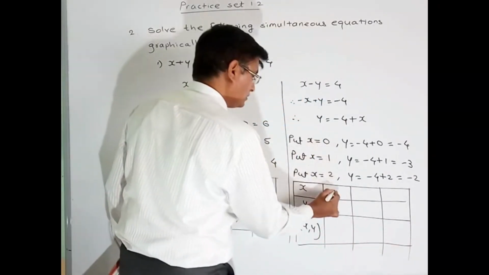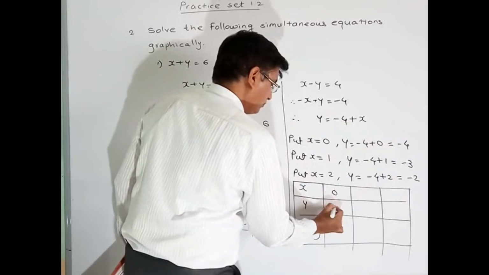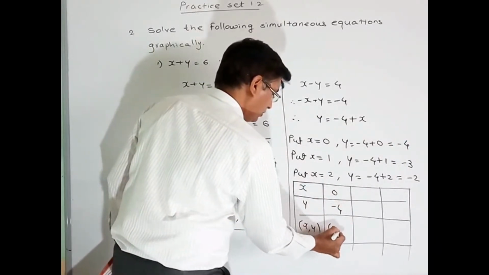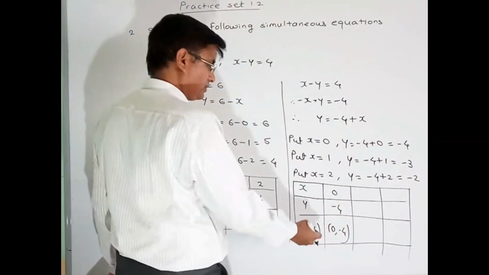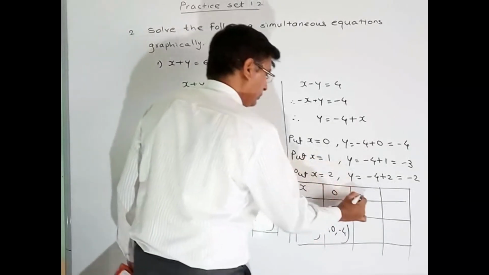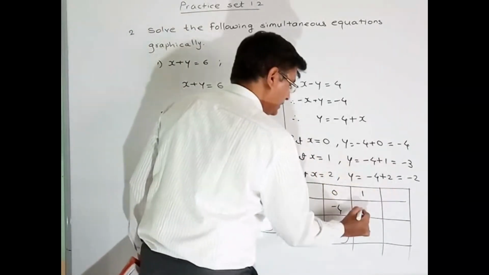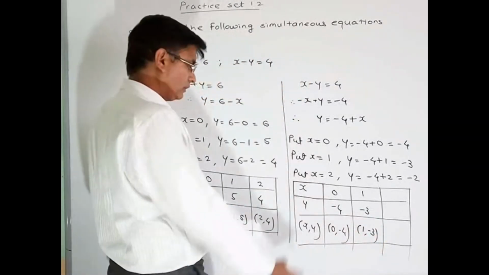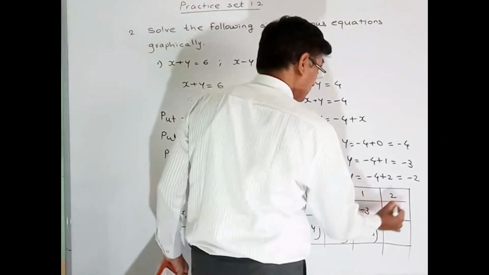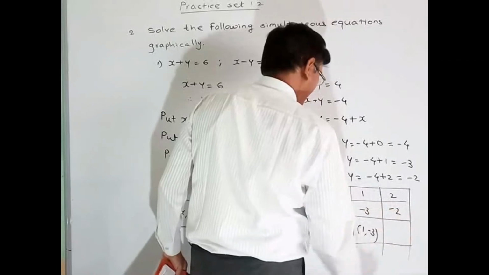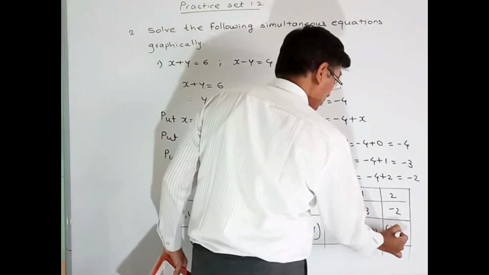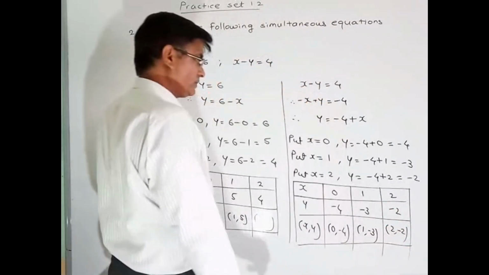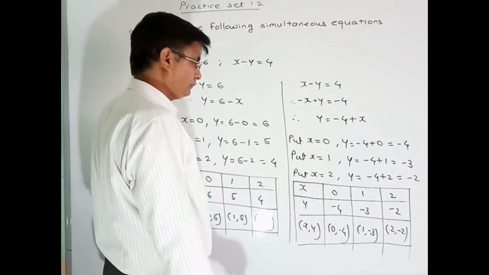So value of x is 0, value of y is minus 4, so 0 comma minus 4, this is the first ordered pair. Then value of x is 1 and y is minus 3, here is 1 comma minus 3, and the third one x is equal to 2 and y is equal to minus 2, so 2 comma minus 2 is the third ordered pair.